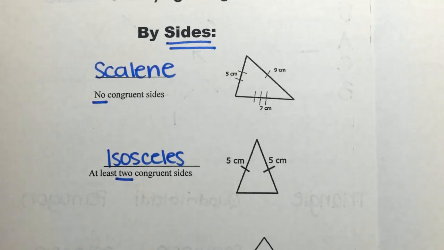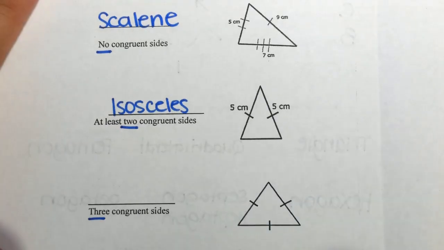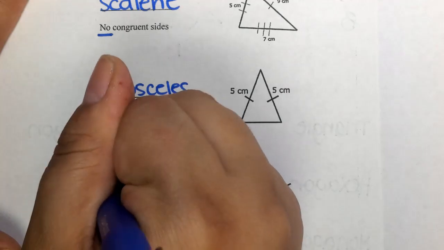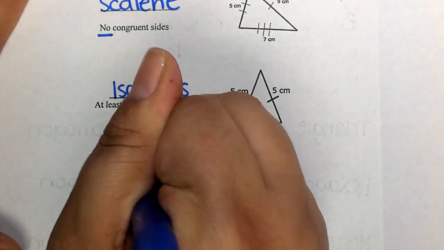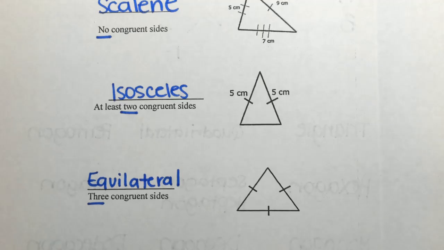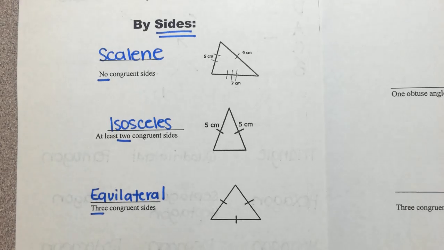Because you will get points off if you spell it wrong. I-S-O-S-C-E-L-E-S. Spell it right. All right, what about if 3 sides are congruent? Equilateral. And those are the only 3 words we are going to be using to classify by sides.